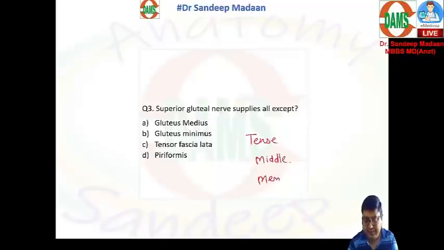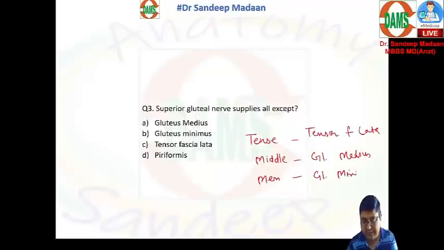The muscles are tensor fascia lata, gluteus medius, and gluteus minimus. And here you can see the answer will be pretty obvious. Piriformis is not supplied. Let me describe the anatomy of the superior gluteal nerve.